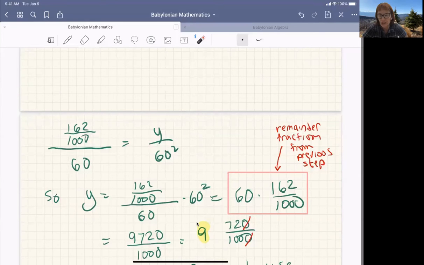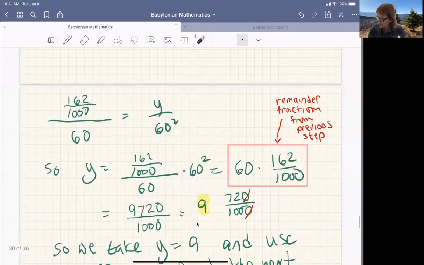So that's now 72 over 100. So 9 plus 72 over 100. So we're going to take Y equal to 9. And then we're going to use that fraction that's left over to figure out what the next digit is.